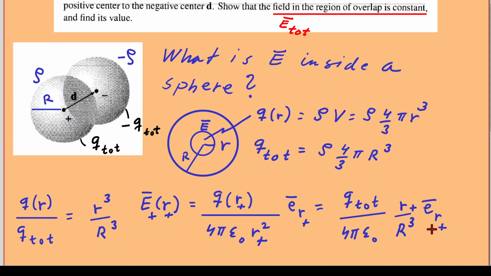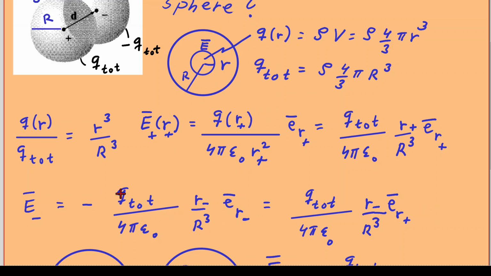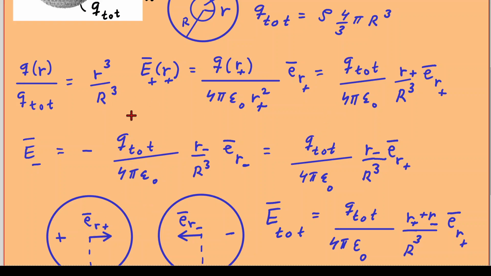So I call that unit vector here ER plus, indicating it's for a plus sphere here. And then we do the same calculation for the negatively charged sphere, but now it's from this center and a certain distance, r minus. So you get this. And then we notice from this figure here, this field here is in the r plus direction, this direction. And here we have unit vector r minus, it's this one.